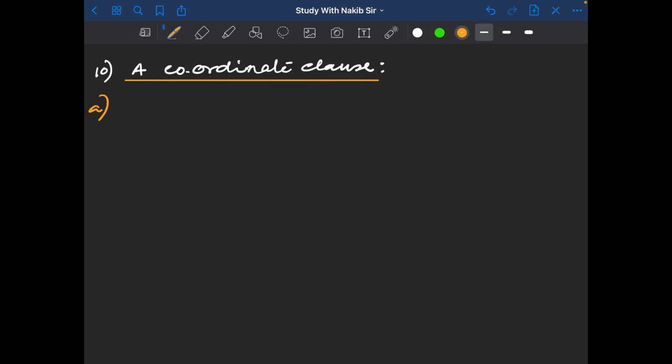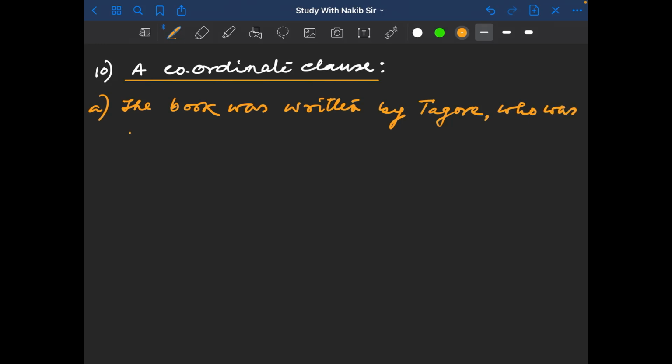The book was written by Tagore, who was a famous poet. Okay, who was a famous poet?